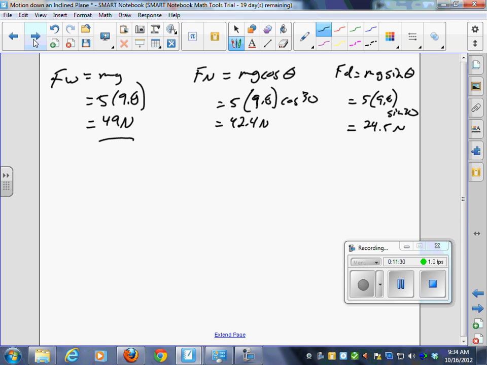So what that means is, because the net force is going to be FD plus FF, but there's no friction force, the net force is the FD, simply because the friction force is equal to 0. So now when I'm asked to find the acceleration, the net acceleration, I can use F net is equal to ma. And what's my F net? About 24.5.